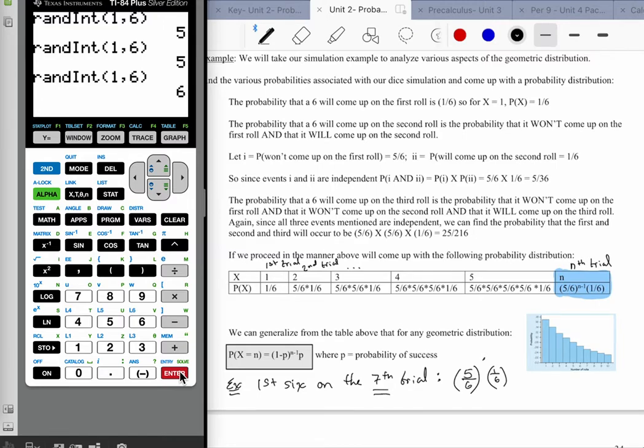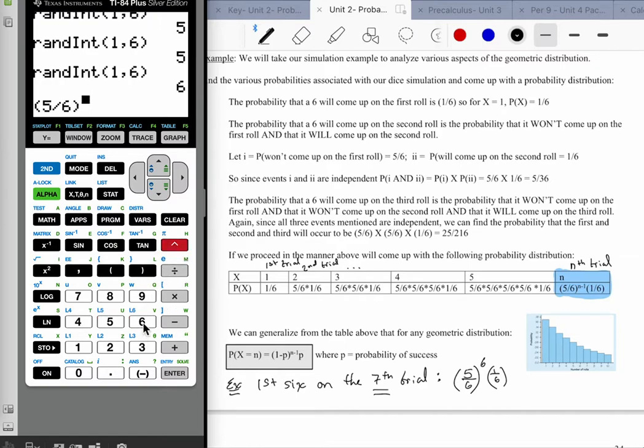So 5 out of 6 to the 6th power times 1 out of 6. All right, so you get your probability, it would be about 0.0558. All right, so yeah, that would be 3 significant.